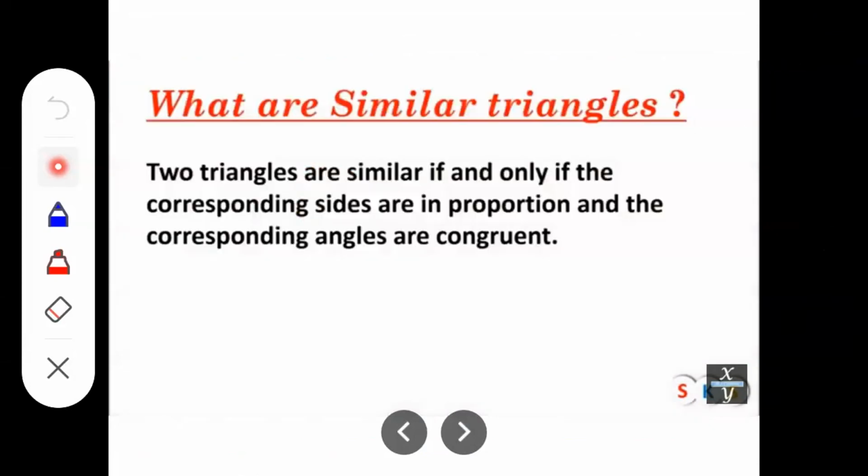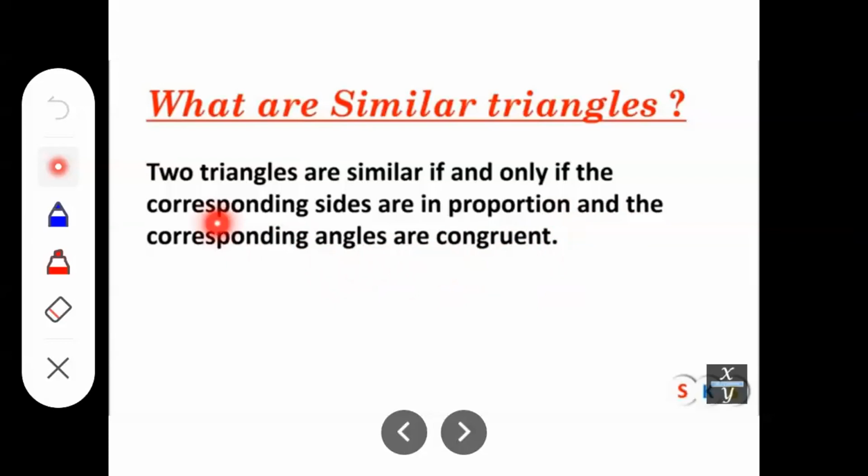Now try to understand here. The statement is given for similar triangles. Two triangles are similar if and only if the corresponding sides are in proportion and the corresponding angles are congruent. As we know how to write the corresponding angles, those are congruent to each other.